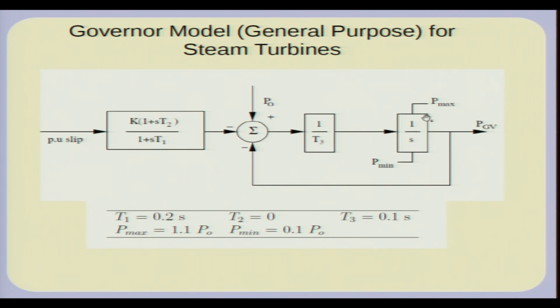There may be limits to how fast you can change the valve position. So, this is just a model of the governor plus the servo mechanism which actually changes the valve position. Remember, the valve position movement cannot be done just with an electronic signal, it requires another actuator to actually change the valve position.